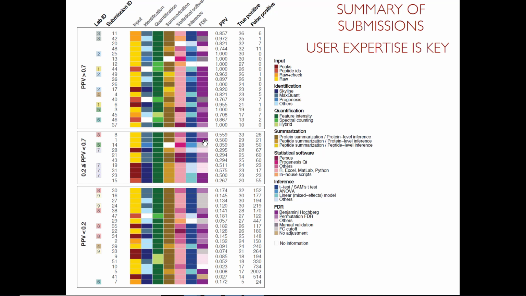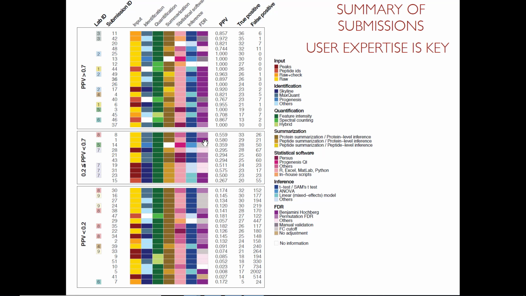And I should say also that this was very difficult to classify because sometimes people say things like in-house scripts, so what do you make of that? Or I use MATLAB. Well, it's like saying I use a mass spectrometer. It's really not enough to say what actually happened.